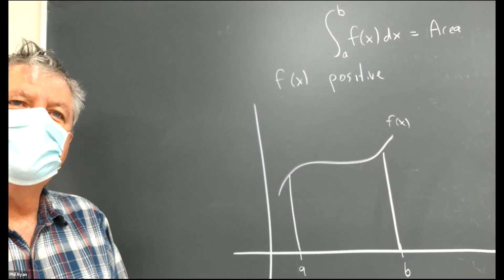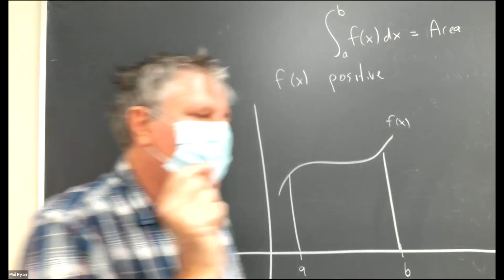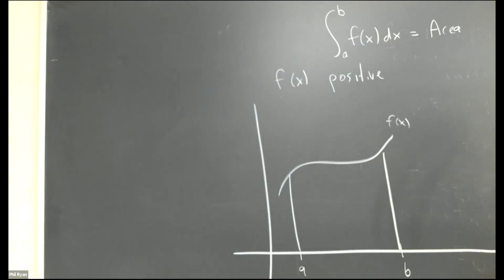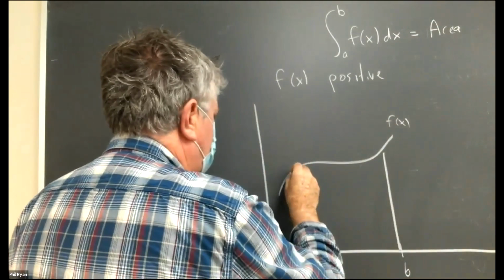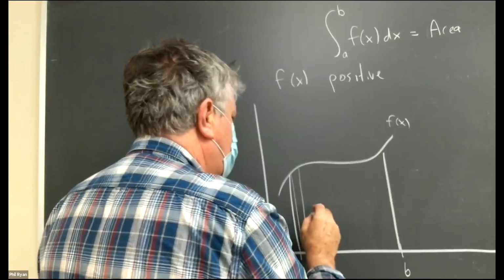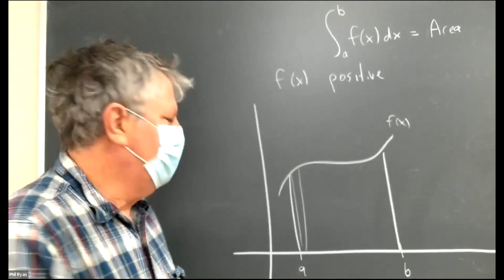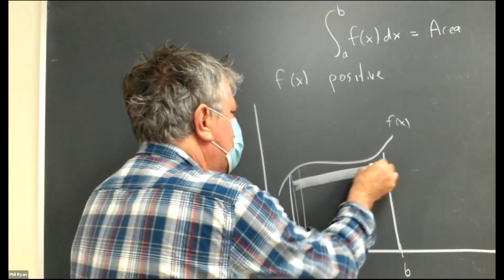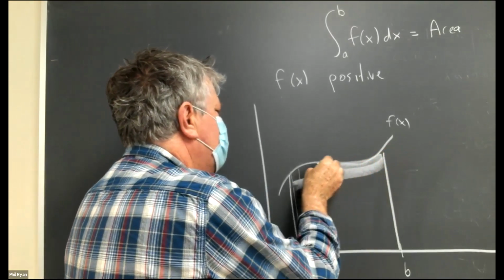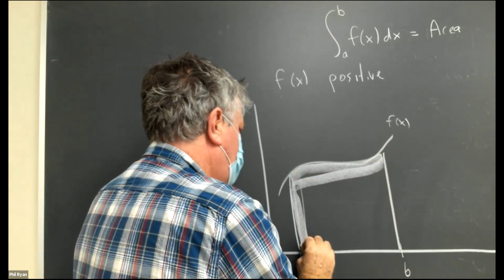It's a limiting process, just like taking a derivative was a limiting process. It was taking kind of a limit of a rise over run. Now we're just adding up lots and lots of little rectangles. And then when we do the limit, we actually get this area here.